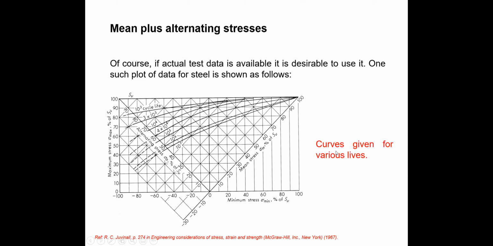These curves give the fatigue lifetime: this is 10 to the power 4, this is 10 to the power 5 cycles, and this is 10 to the power 6 cycles. So each line belongs to a certain lifetime.